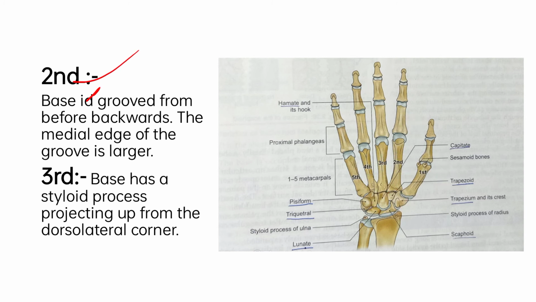Now, moving on to the fourth. The fourth articulates with the capitate, hamate, and the third and fifth. Moving further to the fifth, with the hamate and the fourth metacarpal. So this was the articulation at the bases.